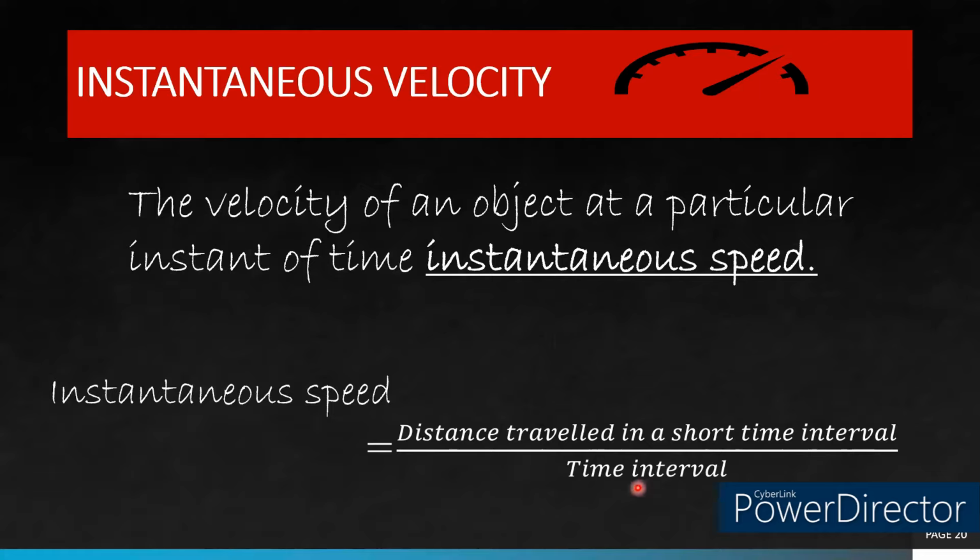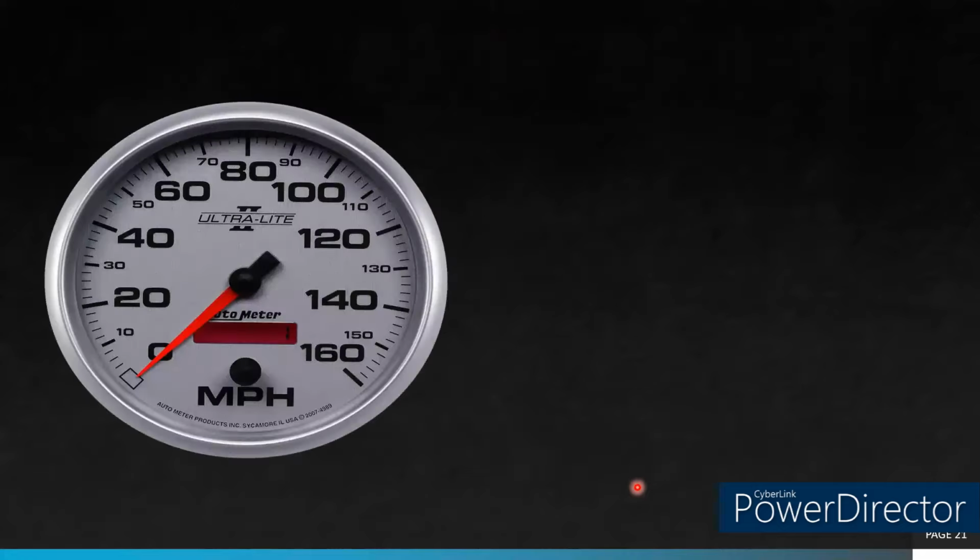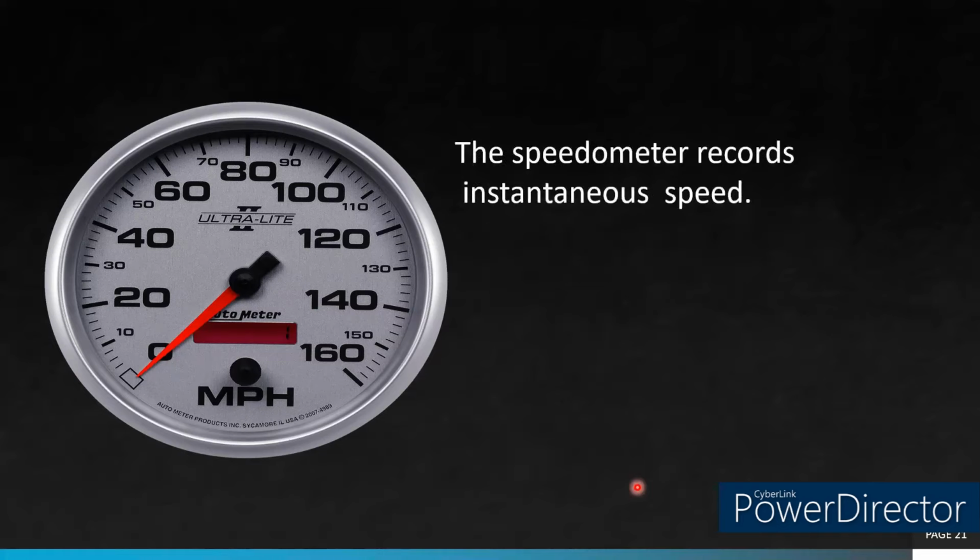Now, when someone is driving on a highway and you look down at your speedometer, you are traveling at, suppose, 55 km per hour. At that time, it is the instantaneous velocity that you are reading. So the speedometer records the instantaneous speed.